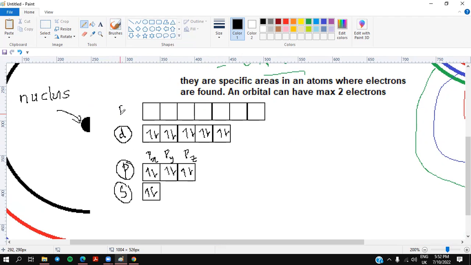Afterwards, we go to the f subshell. Do you remember how many electrons are going to be in the f subshell? F subshell has 14 electrons. 14 electrons are divided among 7 orbitals. Each orbital has only 2 electrons. This is how we write a complete electron arrangement in orbitals.